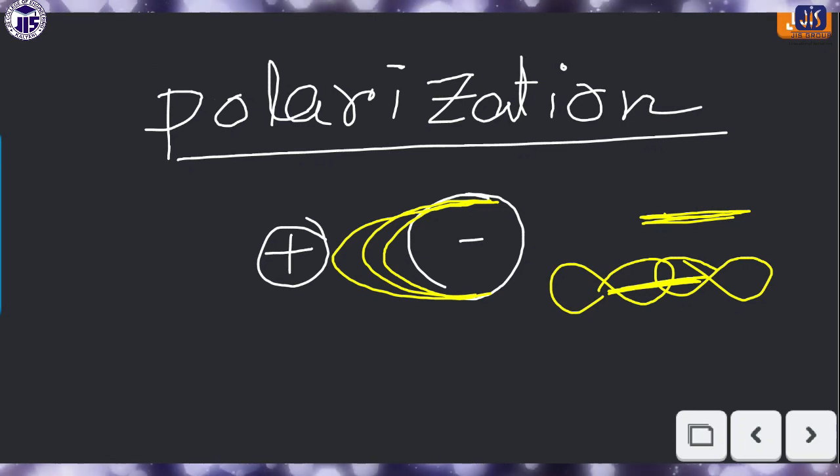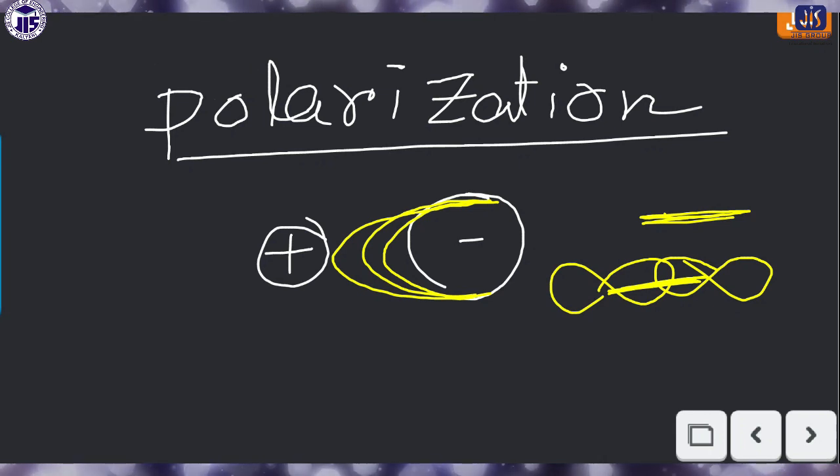All the bonds have some character. Where the covalent character is more, we call this a covalent bond. When the ionic character is higher, we call this an ionic bond. So in case of a covalent bond, the main important factor is the overlap. If the overlapping is higher, then the covalent character is considered higher.